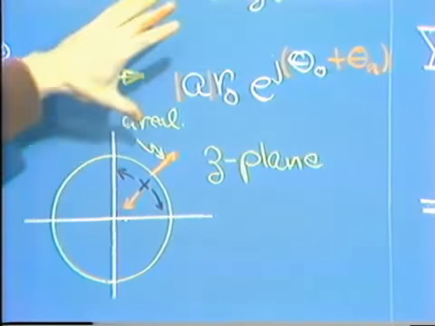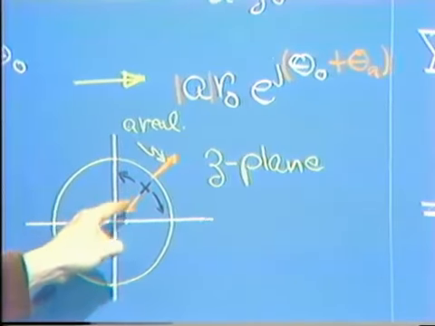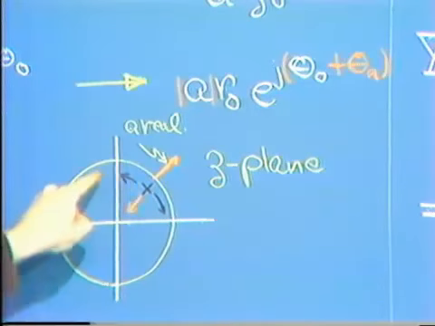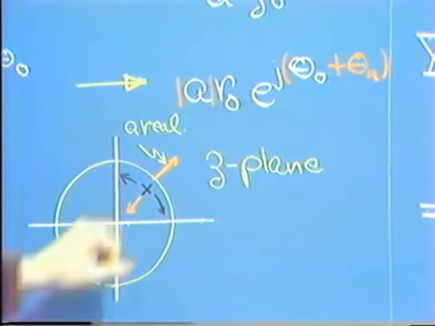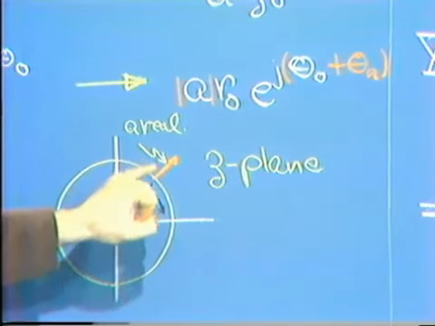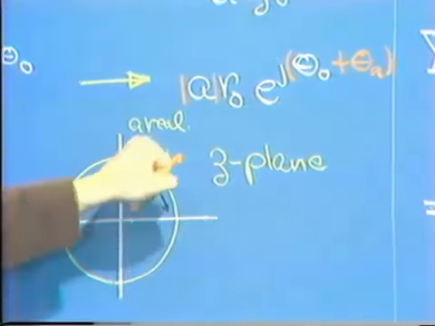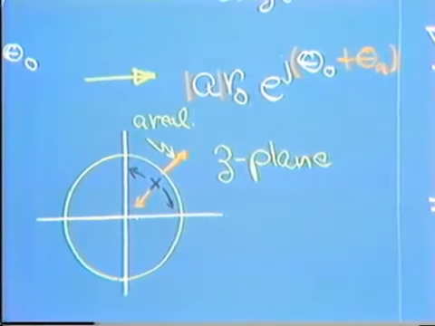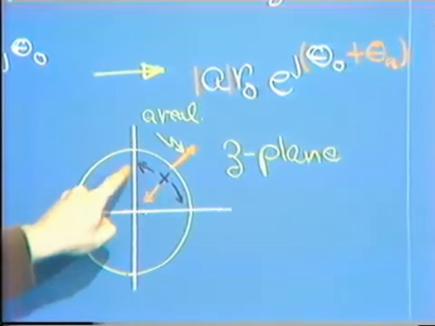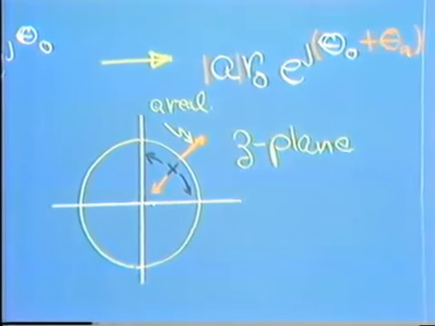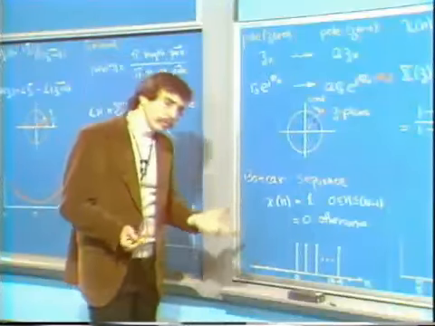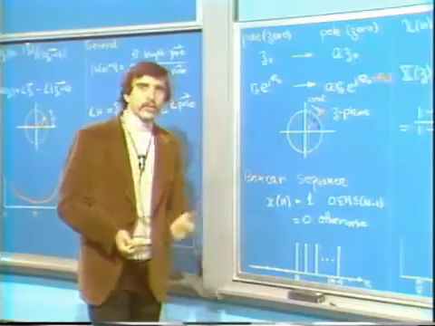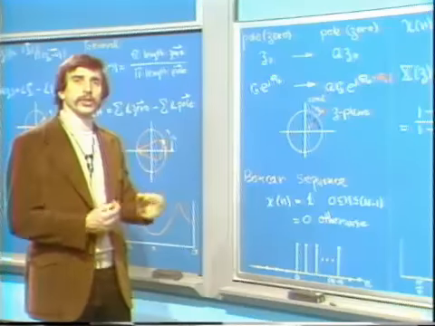So in general, of course, if a is complex, the pole can have a little movement that way and also a little movement that way. In some cases, if a is purely real, the movement will just be this way. And if the magnitude of a is equal to 1, then the movement of the pole will just be that way.